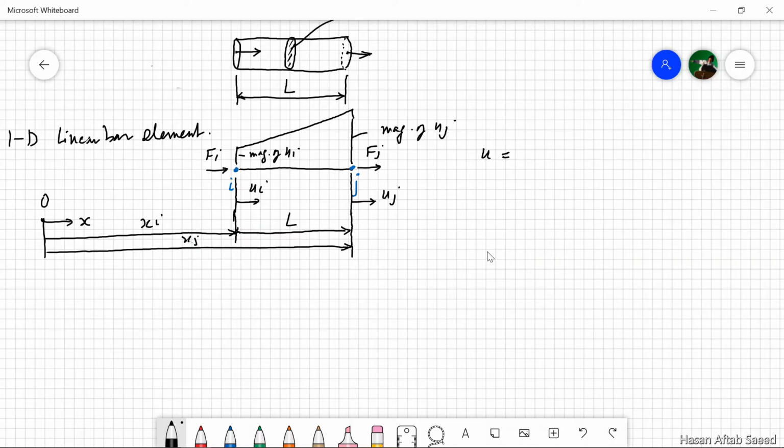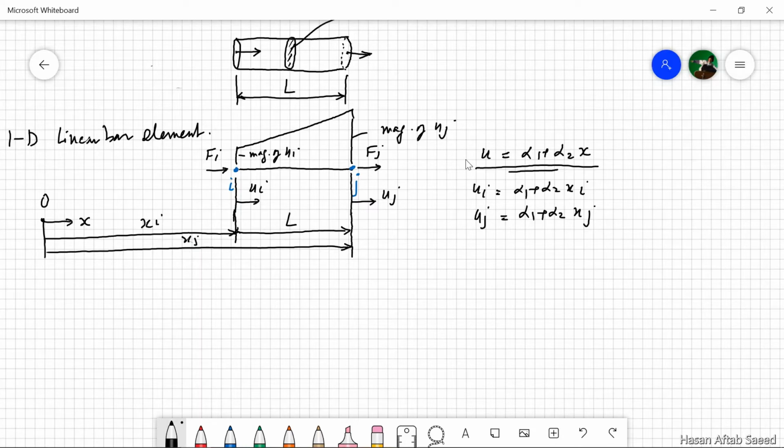Linear will express it perfectly: alpha 1 plus alpha 2 x. This is just an equation of a straight line. Now, we are assuming, and in this case our assumption is spot on, that this expression holds on the whole body from I node to J node and everything in between. So if this is valid for the whole of the element, then it is also valid for node I and node J. Writing this for node I, we get alpha 1 plus alpha 2 xi, and writing this expression for node J, we get alpha 1 plus alpha 2 xj.